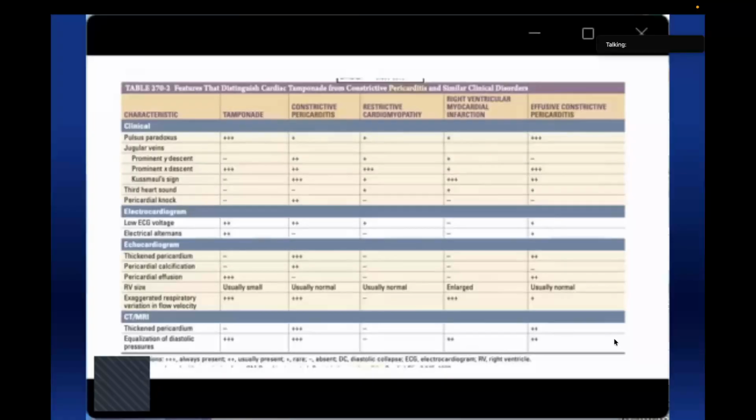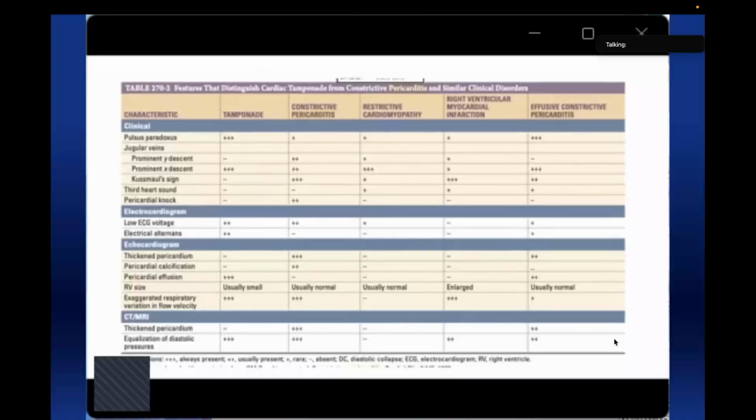So comparing now your patient with tamponade with your pericarditis, as you can see here, in terms of pulsus paradoxus, you have your tamponade and your effusive constrictive pericarditis. Presence of prominent X descent in tamponade and restrictive cardiomyopathy. You can't have a third heart sound in your tamponade.